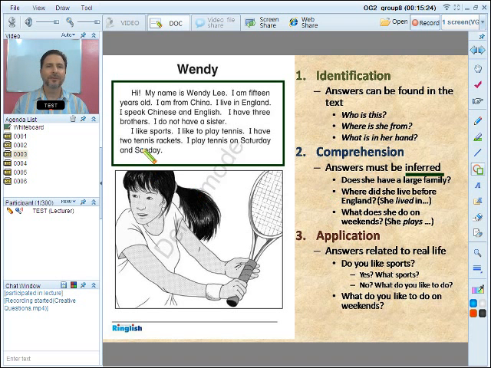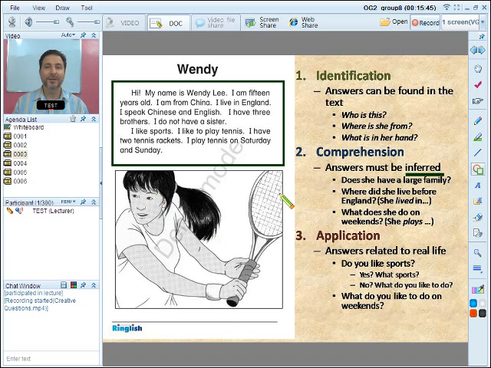Well, let's see. She has three brothers and no sister, mother and father. It's up to the student to maybe make that call. Well, yes, teacher, she does. No, teacher, she doesn't. Depending on how they perceive that.